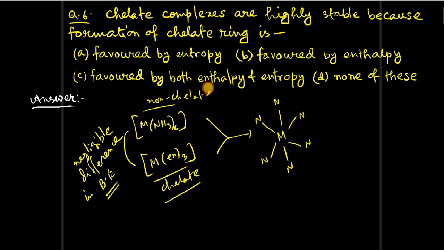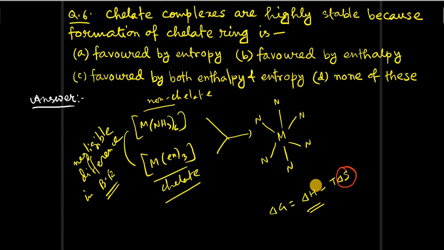So we know stability is related to delta G. Delta G equals delta H minus T delta S. Now for these two complexes, the delta H factor is almost same, but the chelate complex is highly stable compared to the non-chelate. So this huge difference in delta G must be due to the delta S factor.